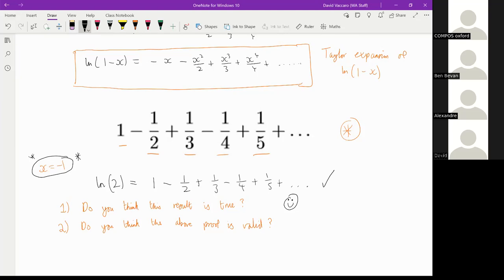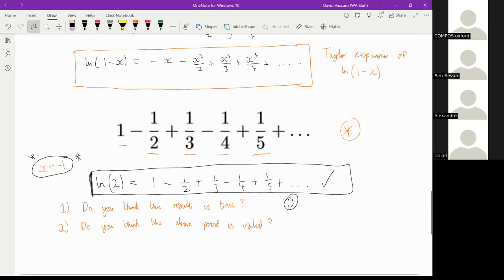But actually in the background, there's more delicate analysis that needs to be done. And that's something which one would do in university. Okay, but this does turn out to be a true fact.